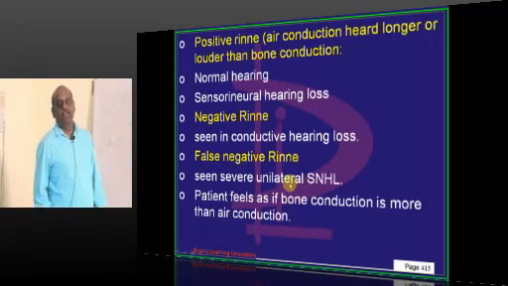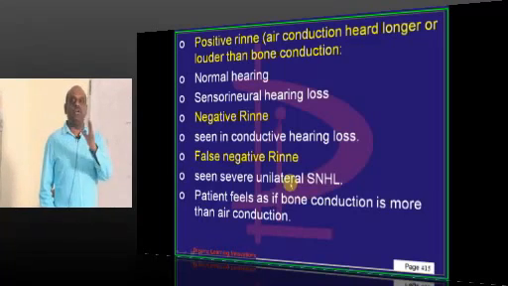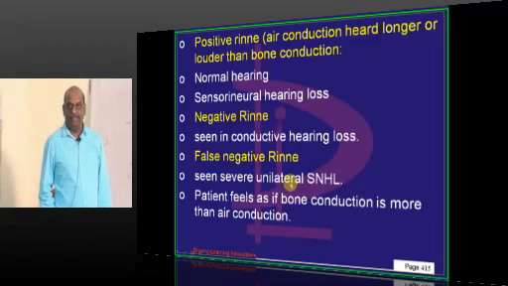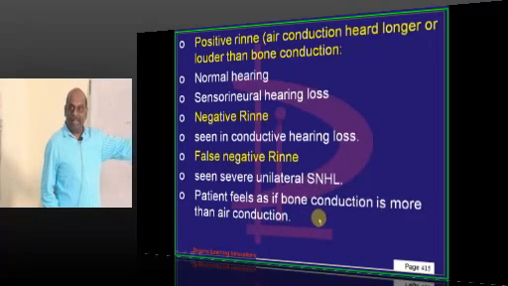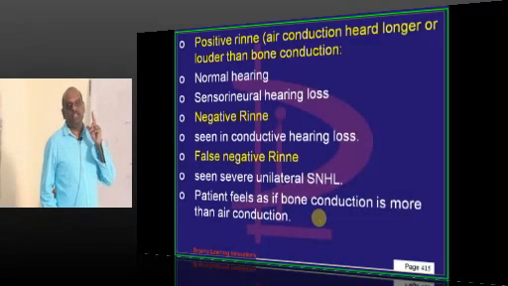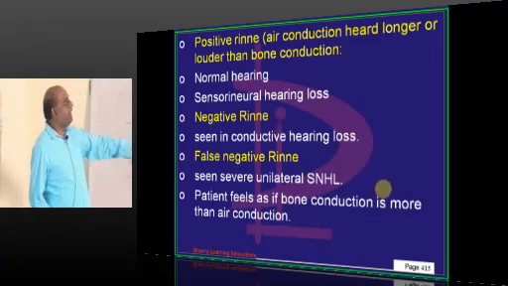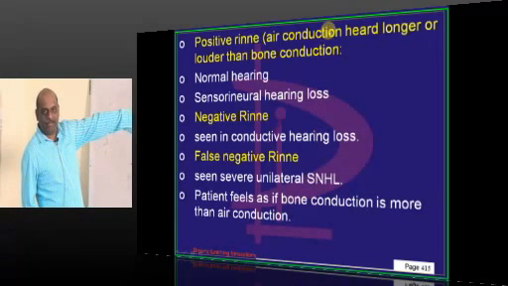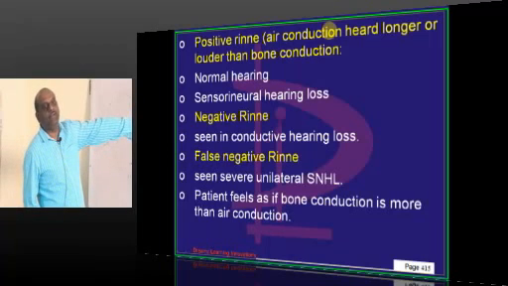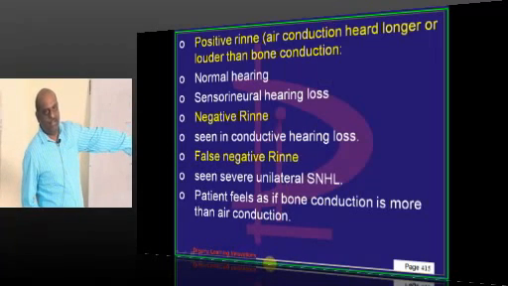False negative means whenever unilateral sensorineural hearing loss is there, then the patient feels as if the bone conduction is more than the air conduction. If there is a unilateral sensorineural hearing loss, bone conduction is better than air conduction, we thought it is a Rinne negative, but it is not really a Rinne negative which is due to conductive deafness, it is due to sensorineural hearing loss.